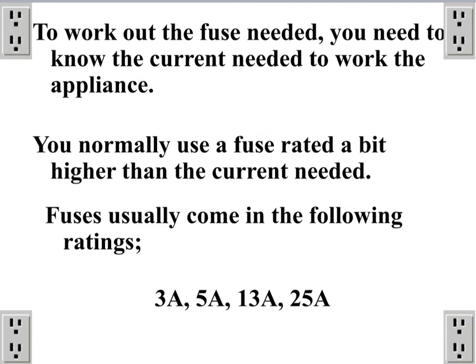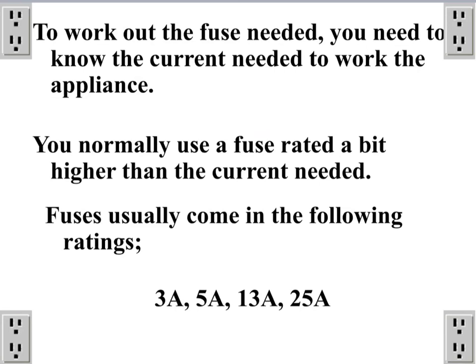Okay, so we spoke about fuses. However, fuses can come in different ratings. You can have a 3 amp, a 5 amp, a 13 amp and a 25 amp fuse. Now, what you need to do to work out which fuse you need to use is you need to know the current of your appliance. You then pick the fuse which is rated a little bit higher than the current needed.